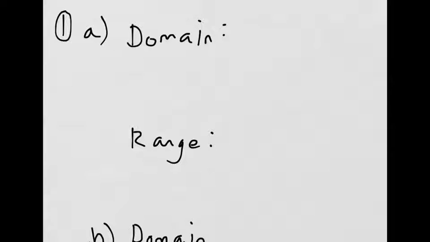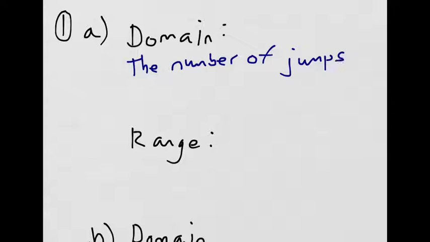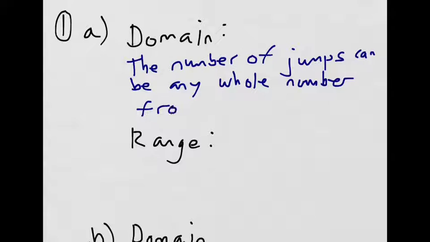The domain. Remember, the domain is talking about the independent variables. The independent variable, n, the number of jumps. What kind of numbers could that be? Well, in this case, n, or the number of jumps, can be any whole number from, well, what's the lowest it could be?